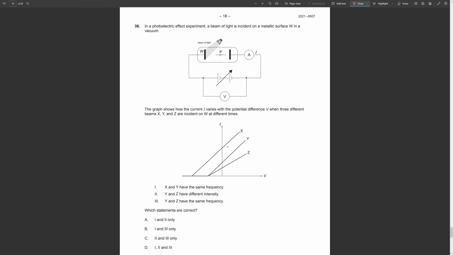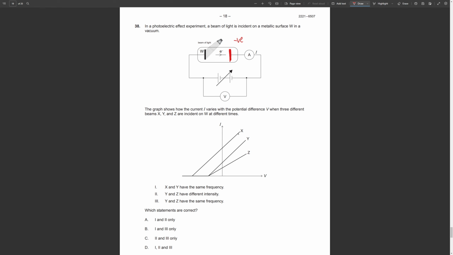Question 38. It's about photoelectric effects. And there is an external variable power supply provided to the photocell. What does the x-axis mean? The x-axis is the applied voltage. If you are on the negative applied voltage, which means the plate on the right-hand side here is negative, and such a negative plate would repel any incoming electron.